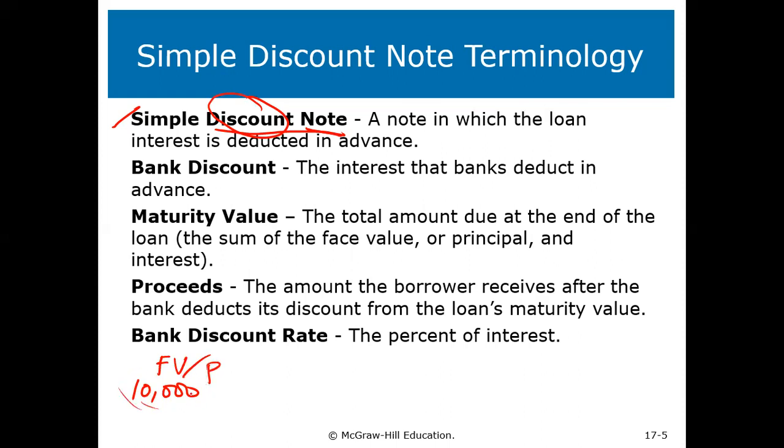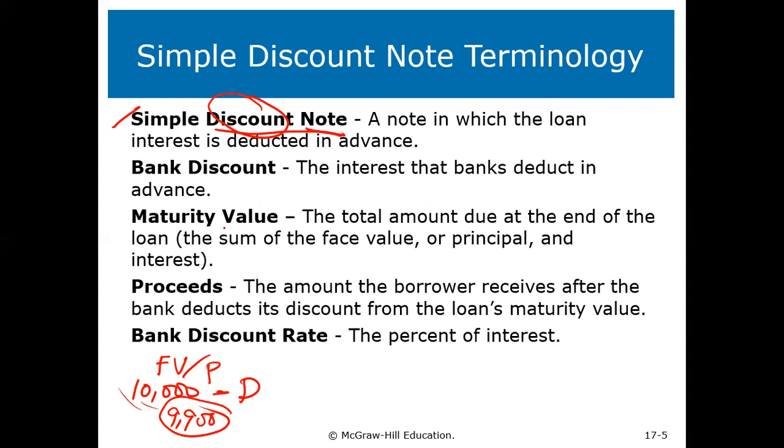I'm not going to get 10,000. What I'm going to get is the proceeds of the loan after we deduct the discount from the face value. In other words, we subtract the discount, so the proceeds will be less than 10,000. Let's say, for example, I'm only getting 9,900. So that's what a discount note is. I'm borrowing 10,000, but I'm only going to get a certain amount, less than 10,000, because they will already subtract the discount.